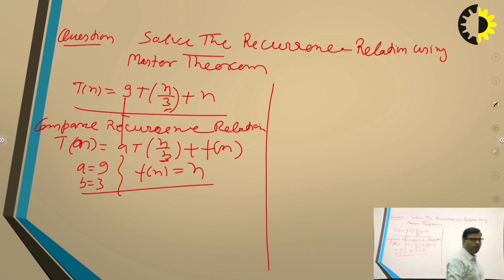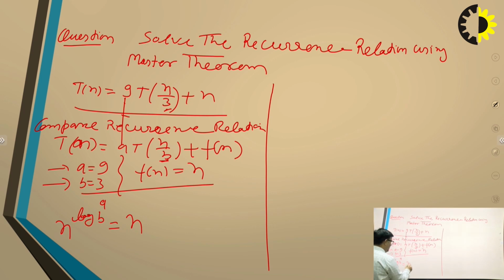Again, we will find out n to the power log a base b. Here a is 9 and b is 3.